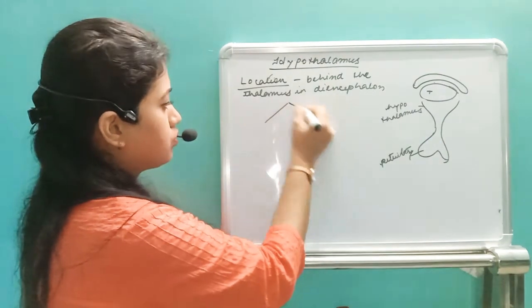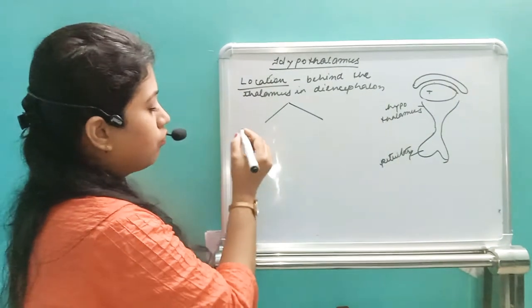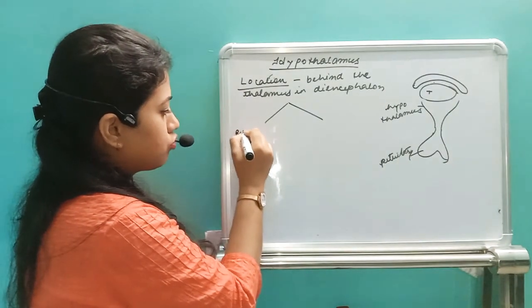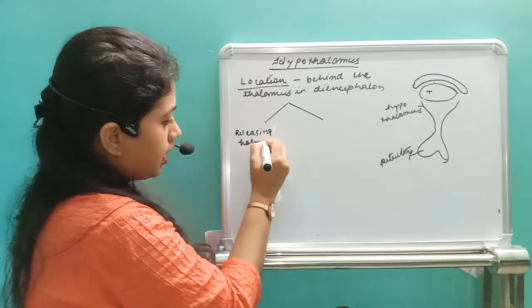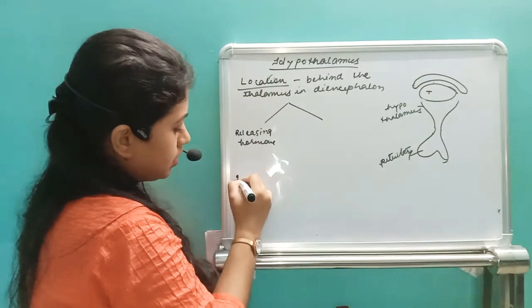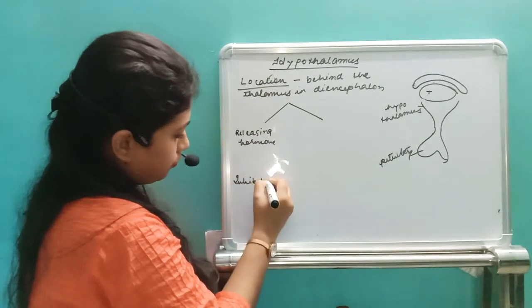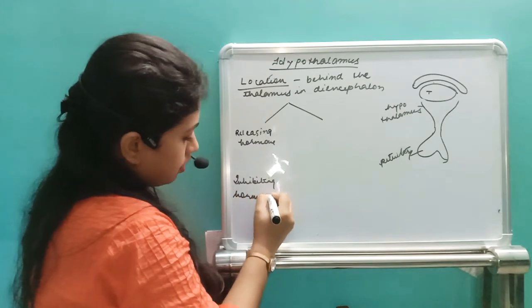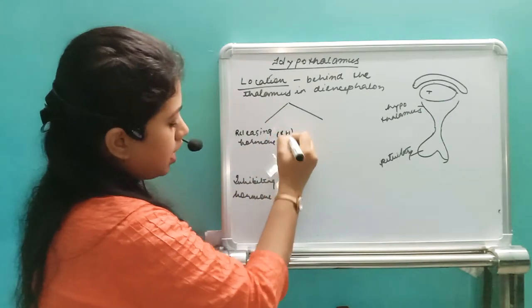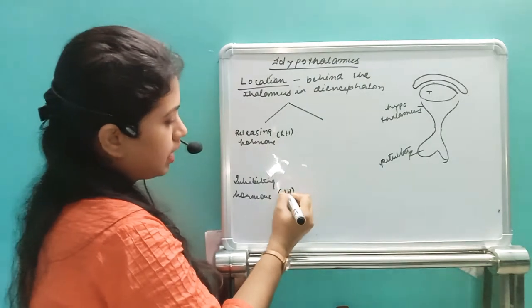Just remember, one is called the releasing hormone, and the next one is called the inhibiting hormone. I will tell you what these two categories are. The releasing hormone is called RH, and the inhibiting hormone is called IH.